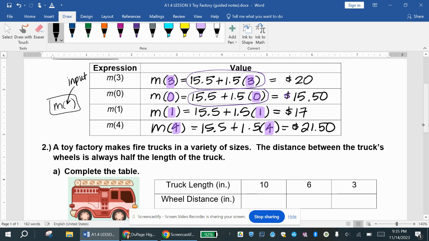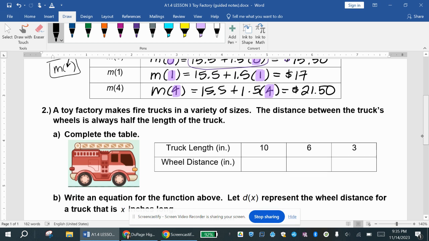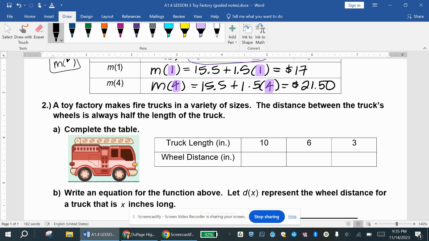All right, go ahead and read this next scenario about a toy factory and the fire trucks that it makes. This toy factory makes trucks that come in all different sizes.